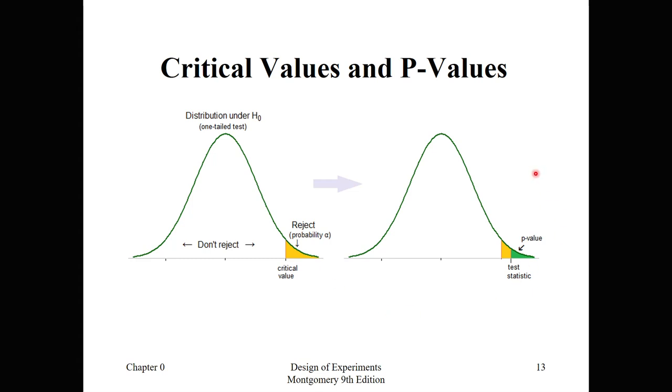The p-value is completely different, so you can kind of erase this gold portion from your mind, we don't even have that. All we have is the test statistic, so we do the cutoff at the test statistic, and then we find the area that's more extreme than that test statistic, so that's this area in green, and that area is the p-value. As you can see, as this is illustrated, it just goes towards one direction, so this is a one-tailed p-value.